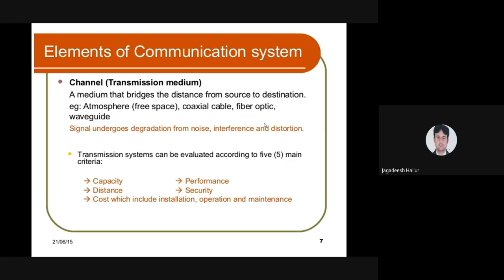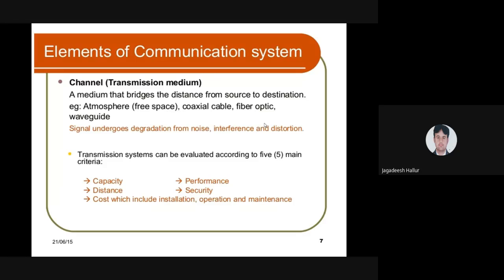If it is wireless, there is no physical connection from one end to the other end. If it is a wired connection, there is a connection between one end and the other end. The channel is called a transmission medium. Transmission is nothing but carrying a particular signal from one end to the other end using cables, that is coaxial cables, fiber optic cables, and waveguides.